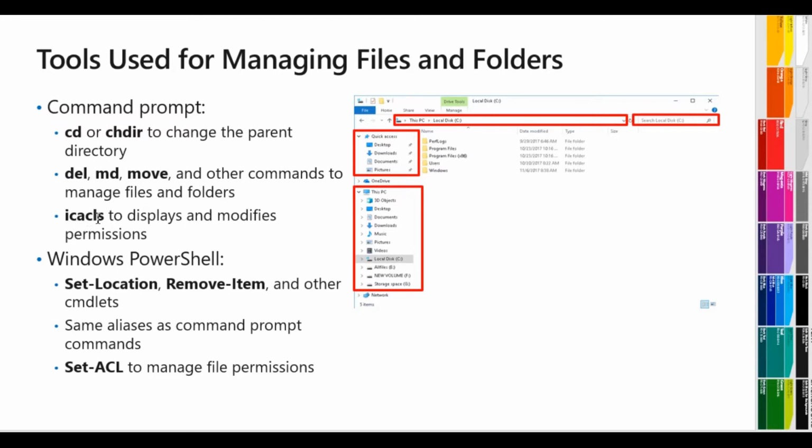ICACLS displays and modifies permissions. With Windows PowerShell, we have Set-Location, Remove-Item, and other commands, with the same aliases as the command prompt commands, and Set-Acl to manage file permissions. That means from the graphical user interface we can configure these things, and from the command prompt and Windows PowerShell we can manage these files as well.